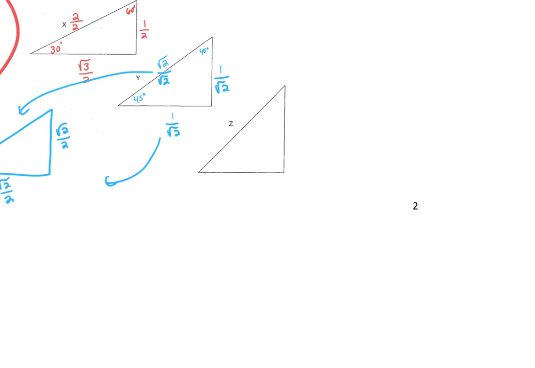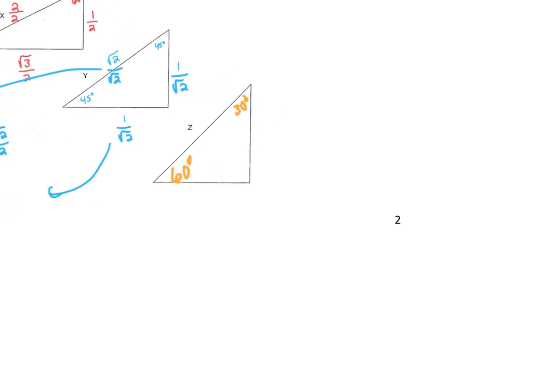It's a 30, 60, 90, but now our 60-degree angle is down low and our 30-degree angle is up high. So this doesn't change much. Our 30, 60, 90 is still going to be 1 across from the 30-degree angle, square root of 3 across from the 60-degree angle, and then this is 2.